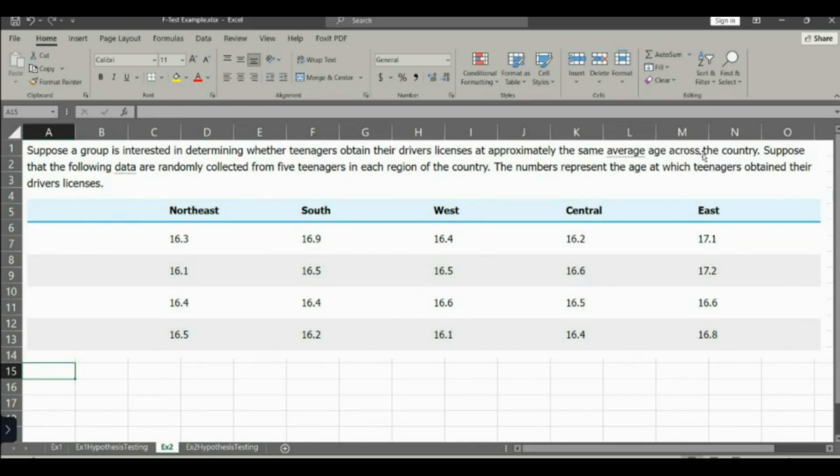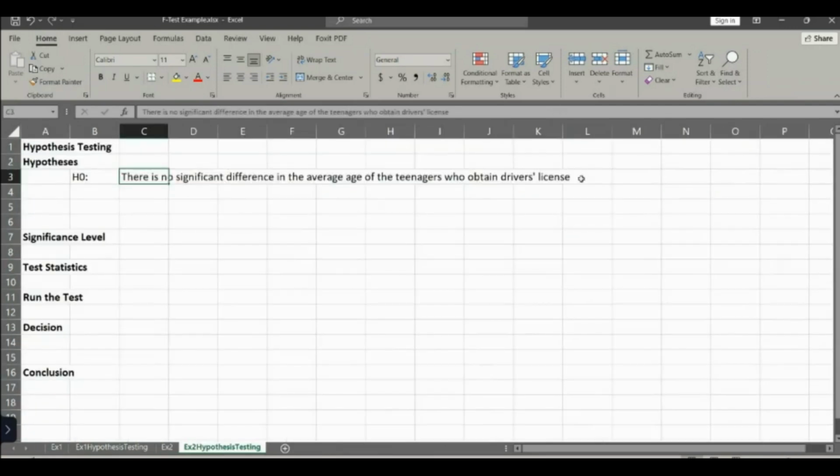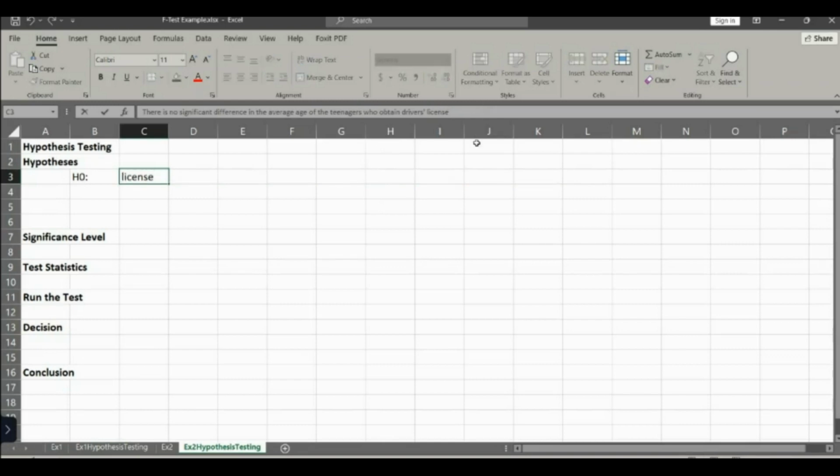Across the country. And of course, as the researcher, we know that across the country means to say that we divided the country into 5 regions. So we'll just use across the region, like the country.